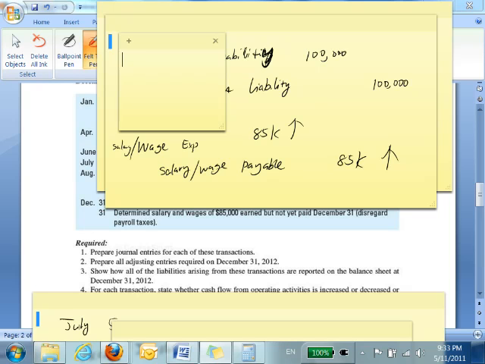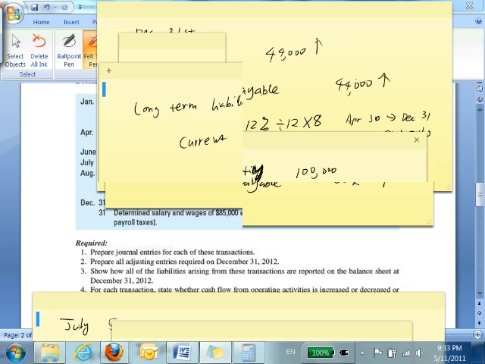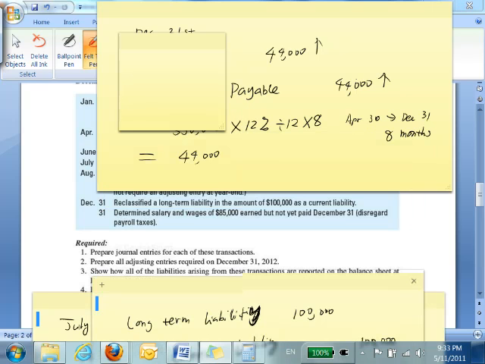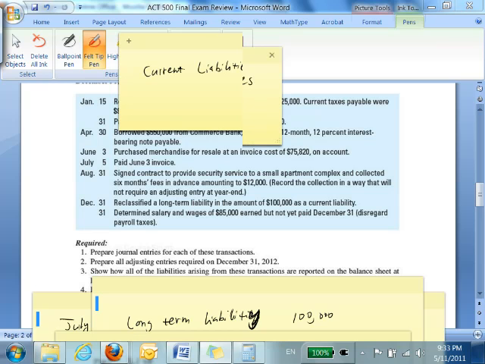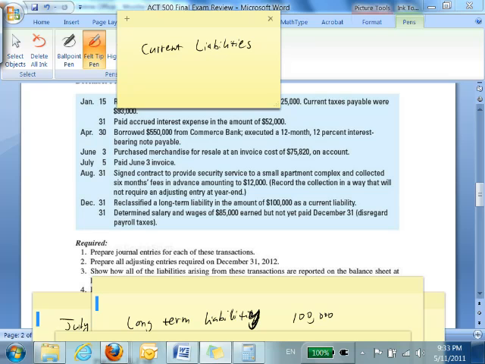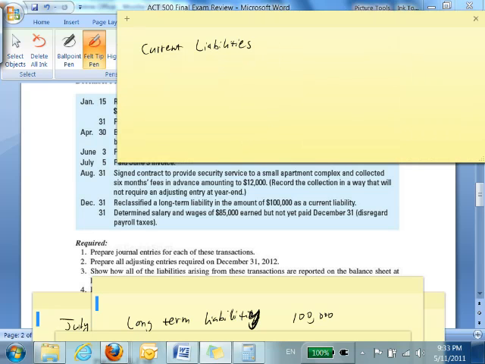And what type of liabilities do we have? Liabilities. Okay, December 31st, we have salary and wages payable, right? 85,000. Salary and wage payable, 85,000. This is one liability.